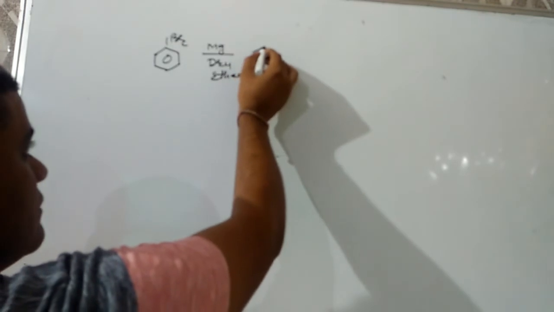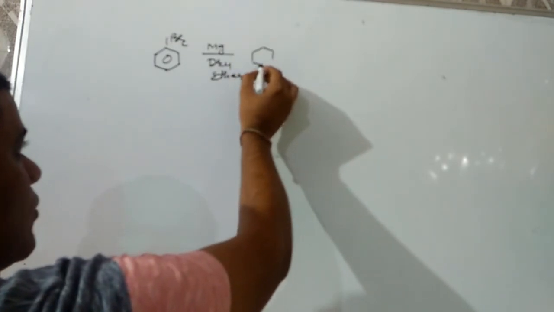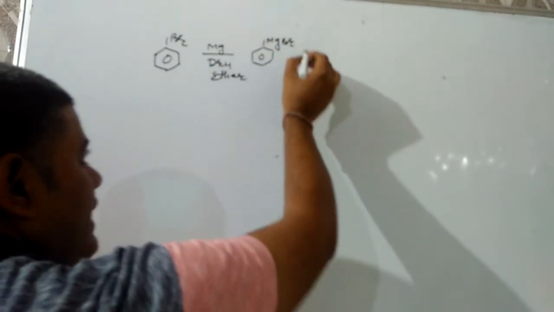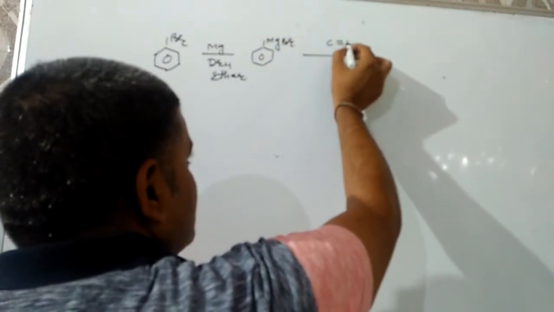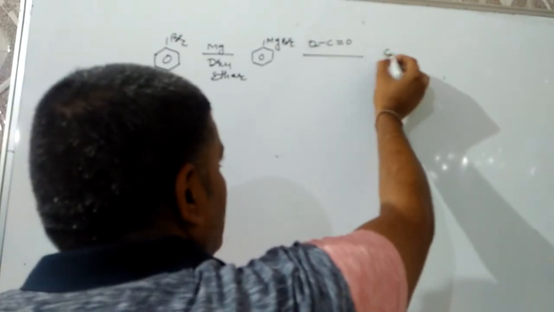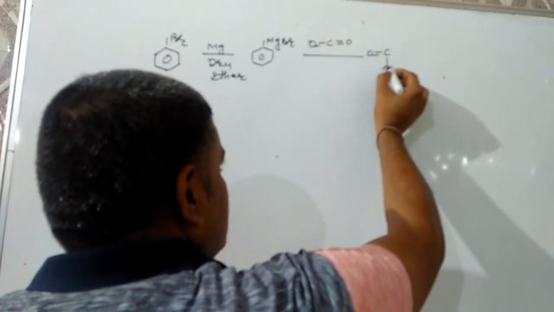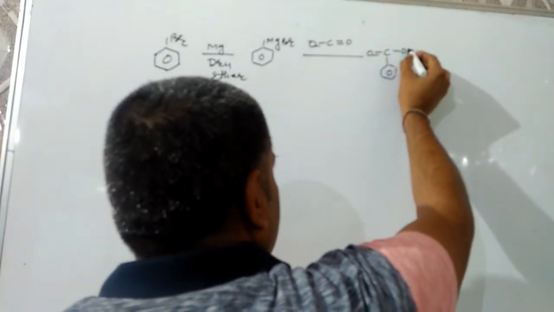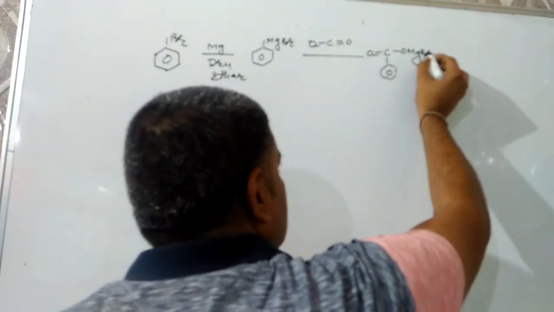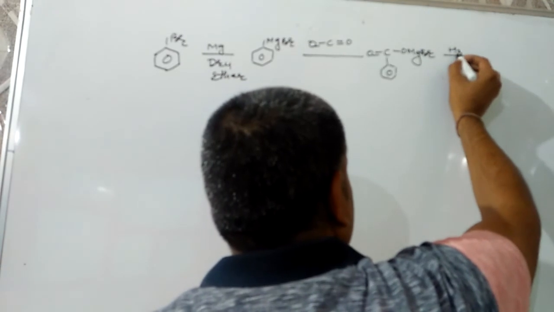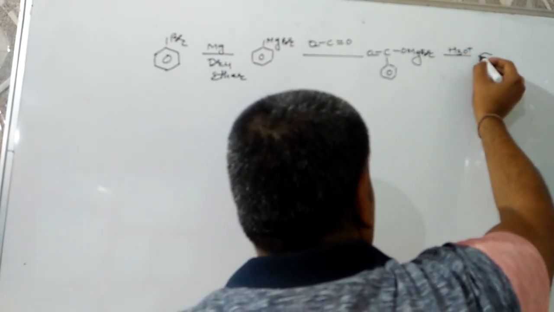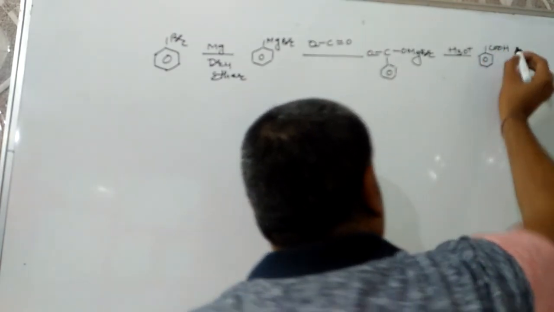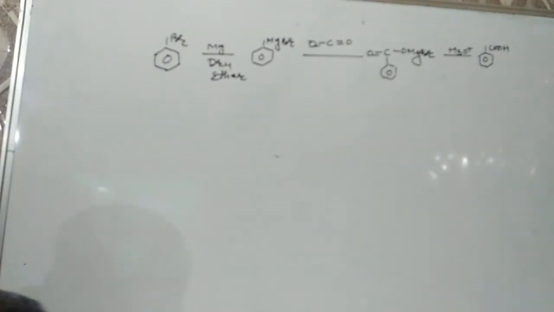Then phenyl magnesium bromide reacts with dry ice to form an addition compound, which on hydrolysis gives benzoic acid as a product. So this conversion is more important than the last one.